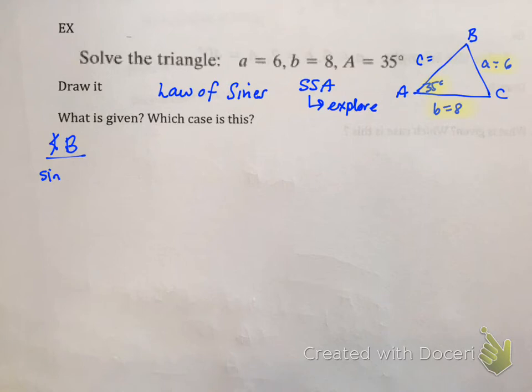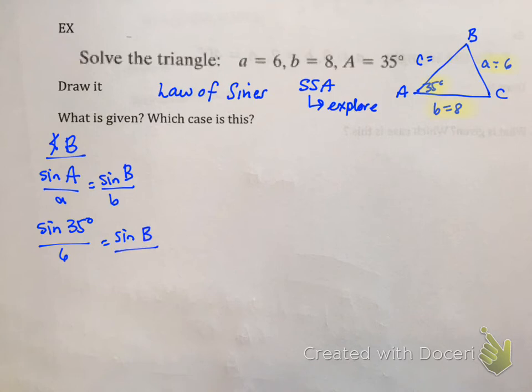So I do sine of angle A over A equals sine of angle B over B. Sine of angle A, angle A is 35 degrees, over side A, which is 6, equals sine of angle B, which is the unknown, over side B, which is 8. Okay, I'm just double checking that really quick, and we're good.